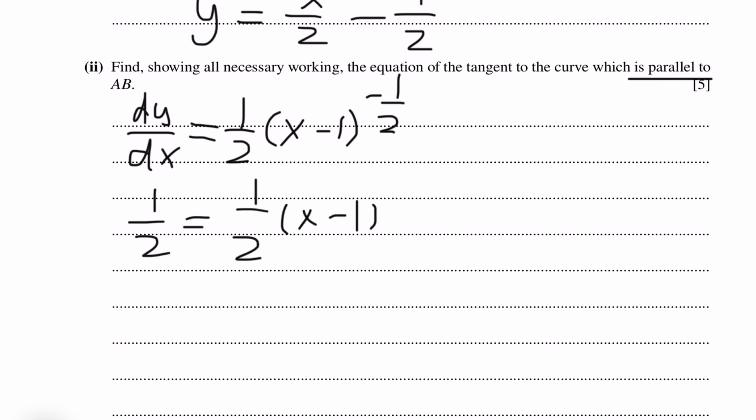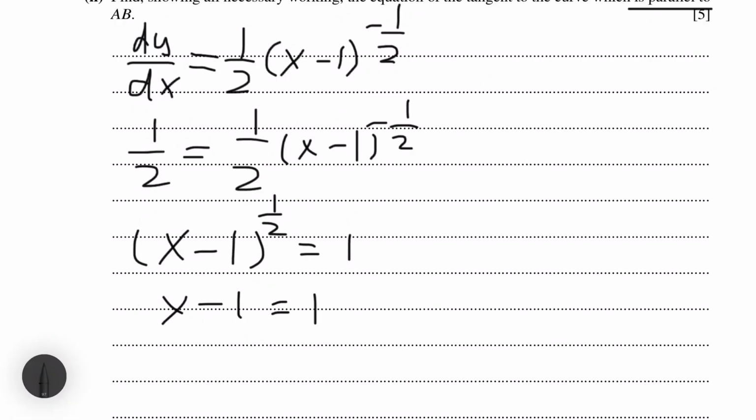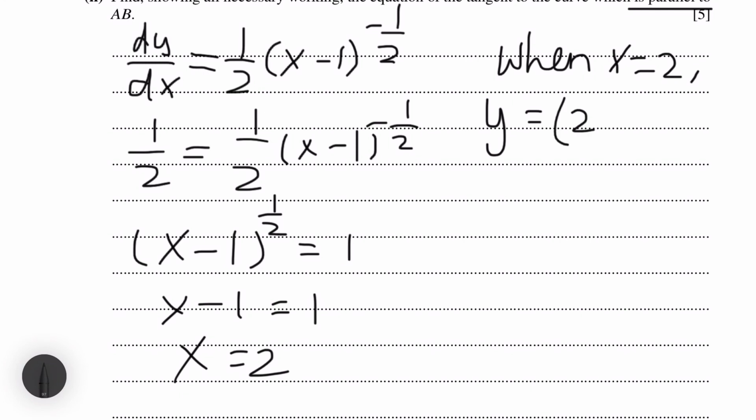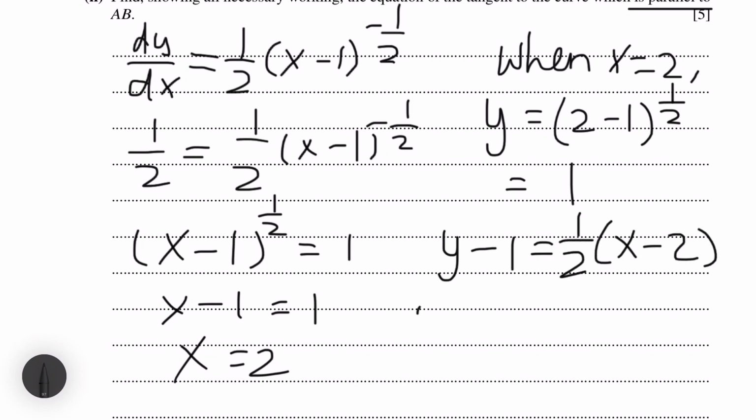And you will get x minus 1 half is equal to 1, and x minus 1 is equal to 1, so x is equal to 2. When x is equal to 2, your y is equal to 2 minus 1 half. This is equal to 1. So your equation will be y minus 1 is equal to half (x minus 2). So y is equal to x over 2.